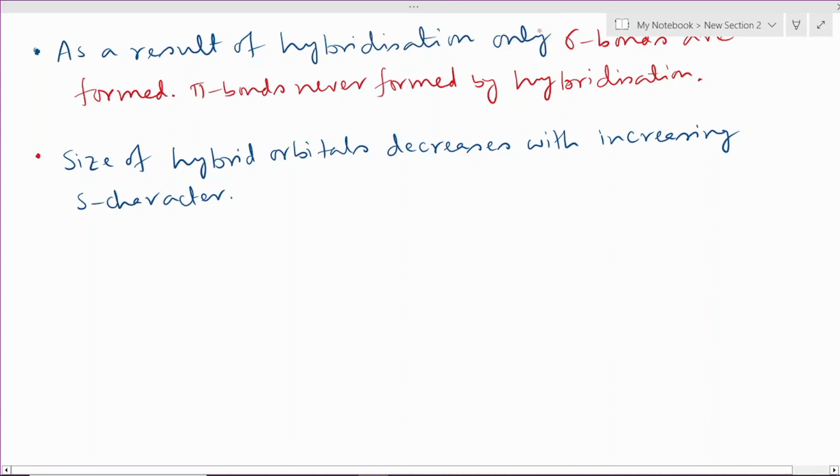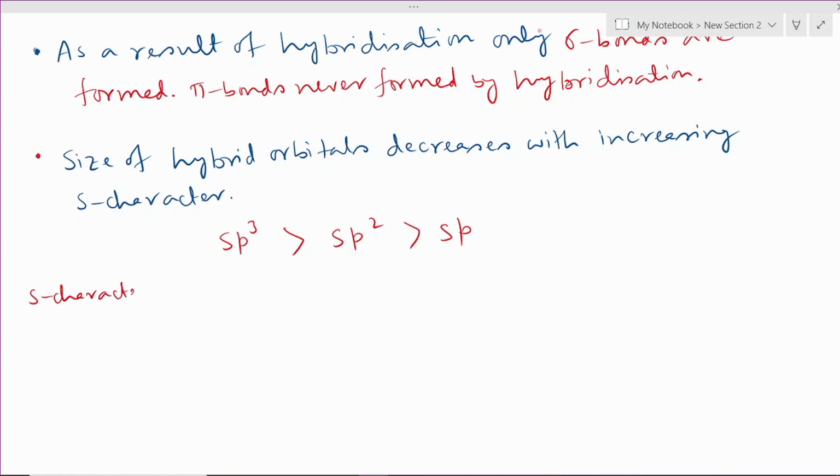So the order will be: size of sp3 orbital will be greater than sp2, than sp, as s character for sp3 hybrid orbital is 25%, for sp2 it is 33.3%, and for sp it is 50%.